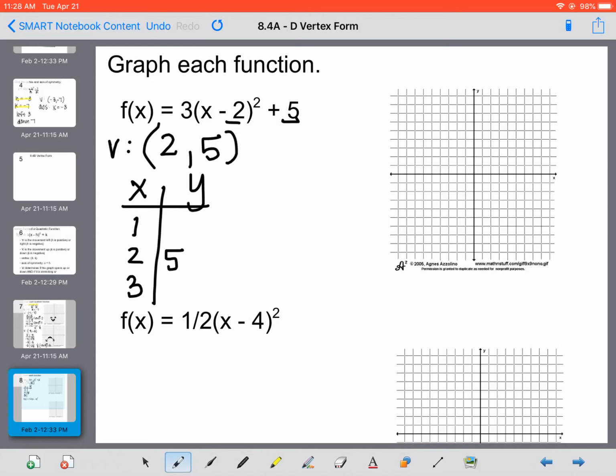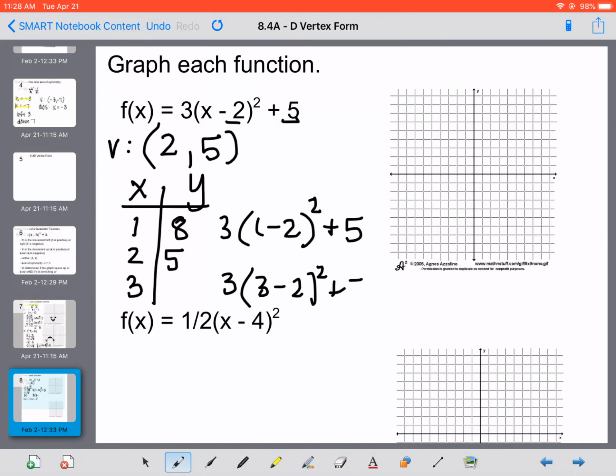So those are the numbers we're going to plug into our equation. So I'm going to have 3 times 1 minus 2 squared plus 5. And again, type that directly into your calculator all at one time, and you are going to get 8. And because it's a mirror image, when I do 3, I am also going to get 8.